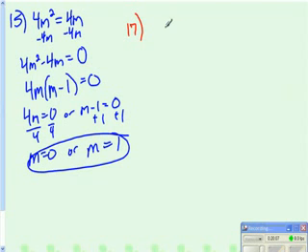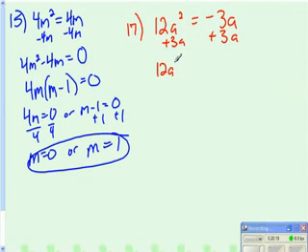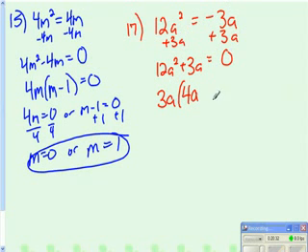Number 17, which is our last problem. Yay! 12a squared equals negative 3a. Same thing, I got to get this 3a over, so I'm going to add 3a to make it move. 12a squared plus 3a equals 0. Take out a 3, and I can take out an a. 12 divided by 3 is 4. A squared divided by a is a. 3a divided by 3a is 1.